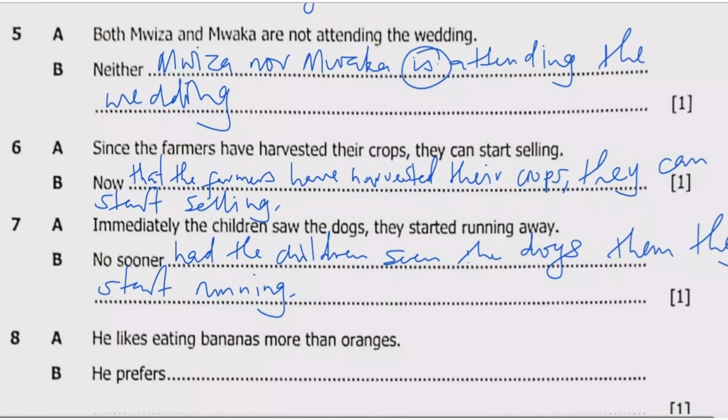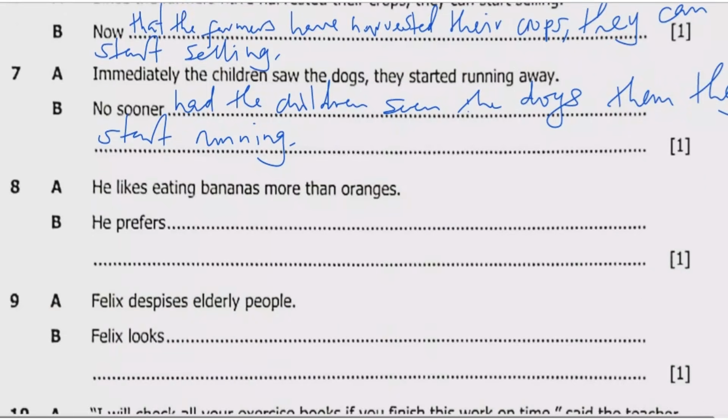Okay, we go to question 8, which is: He likes eating bananas more than oranges. We write the sentence above using he prefers. So how do we write it using prefers?